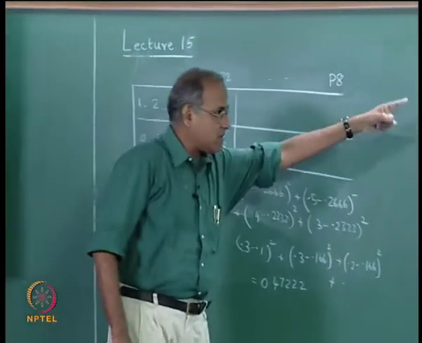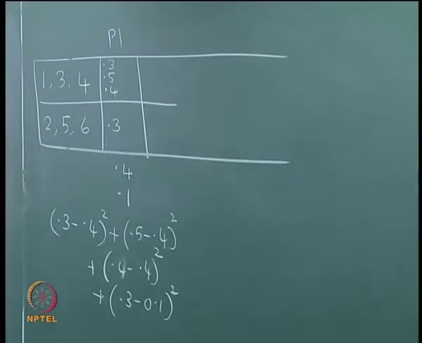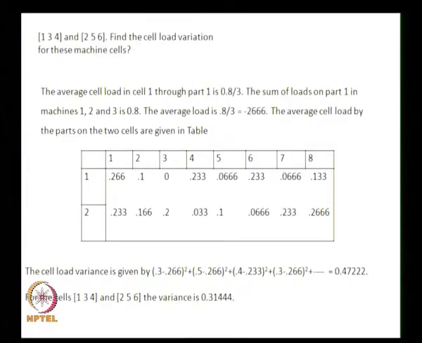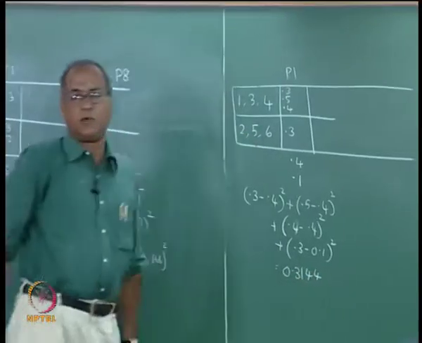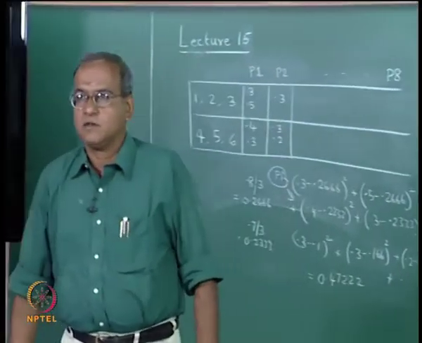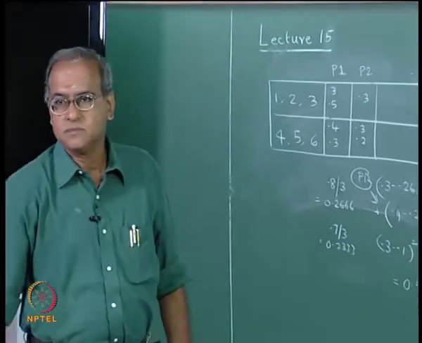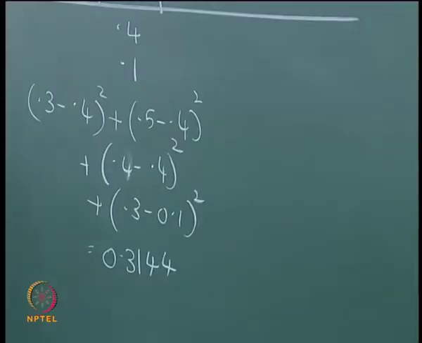So, when we compute this whole thing, the final load variation for this is 0.3144, which is given here. I have not shown the entire computation, but I have shown you what the number comes to.